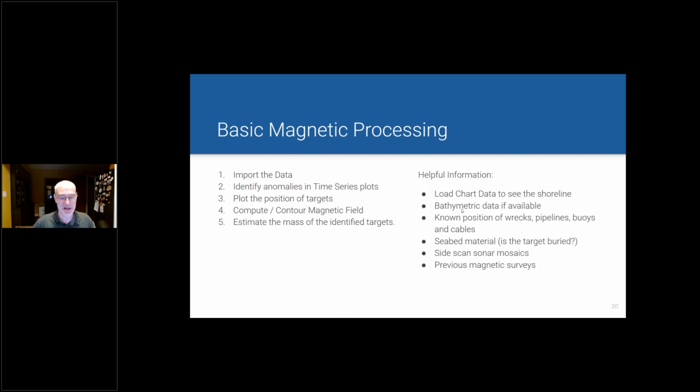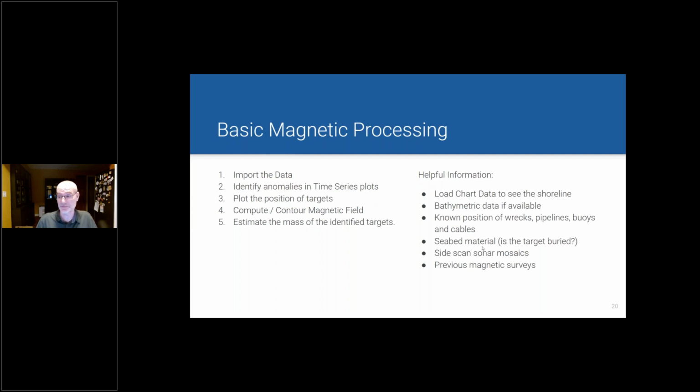If you have geologic information, it helps you see whether or not you're going to have a geologic signature in your data. Maybe you see a fault line through there or something. The known position of wrecks, pipelines, buoys, and cables is critical if you're doing this. Otherwise, every time you run a magnetometer line, you're going to be finding stuff that you already know where it's at.